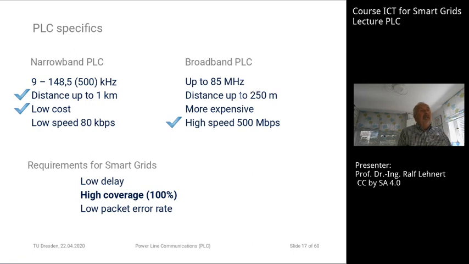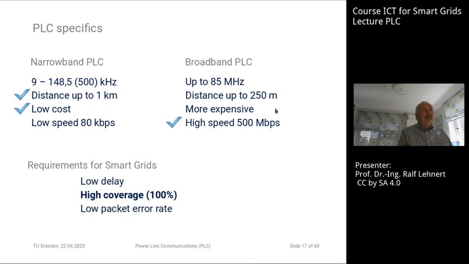They are usually designed for smaller distances. Nowadays, I would say, from our experience and measurements we have done, even 1000 meters is possible. They have been more expensive in the past. Nowadays, the integration in chips has progressed a lot.